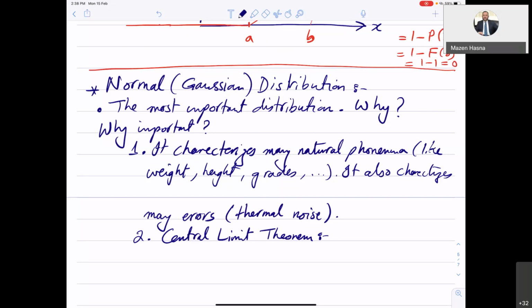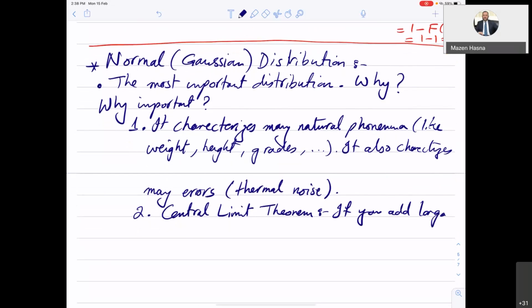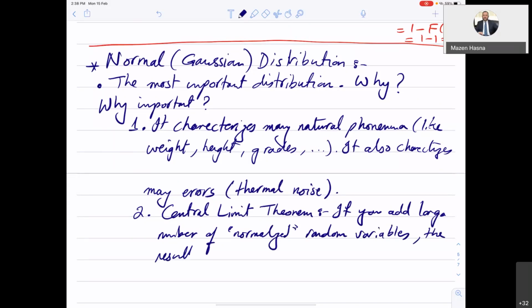So the central limit theorem says if you add a large number of normalized random variables, the result is normal.